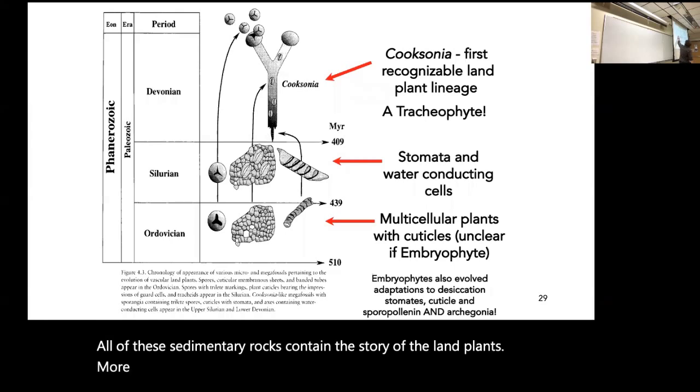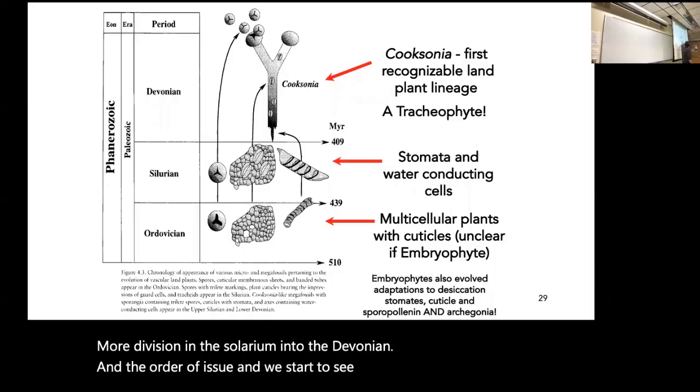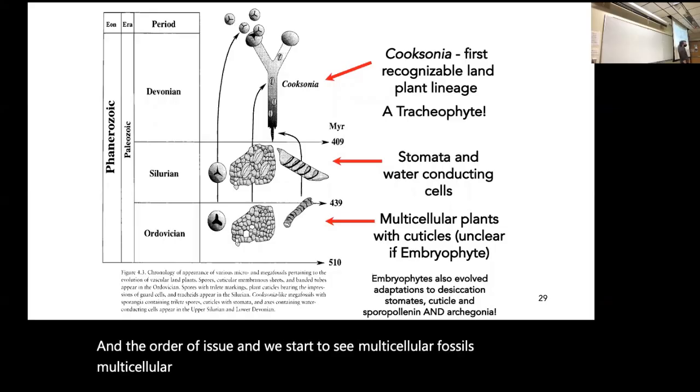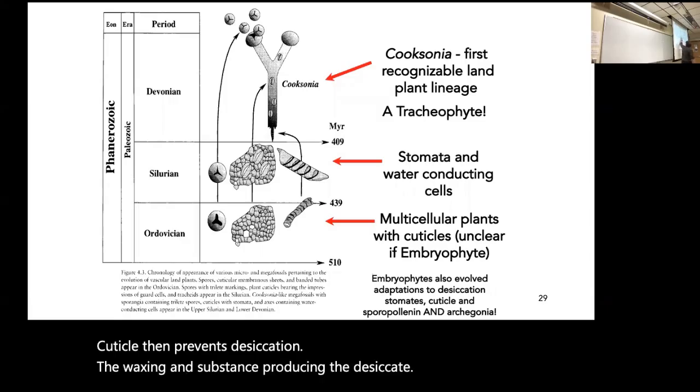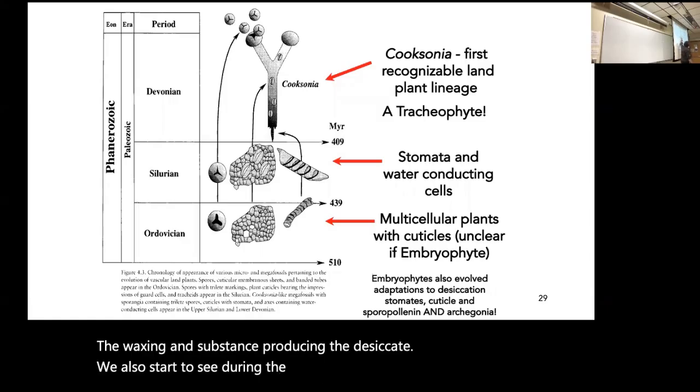Ordovician into the Silurian, into the Devonian. In the Ordovician, we start to see multicellular fossils, multicellular plants with cuticles. Remember, a cuticle prevents desiccation. A cuticle is a waxy substance preventing that desiccation. We also start to see during the Silurian stomates and water conducting cells.